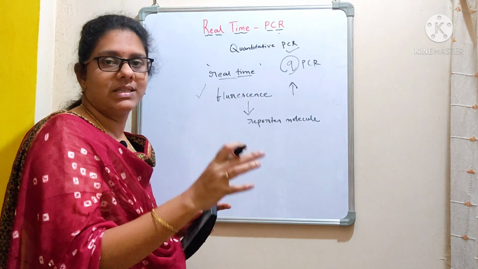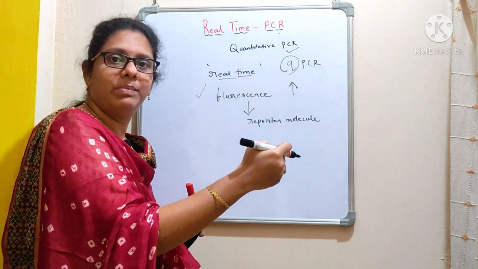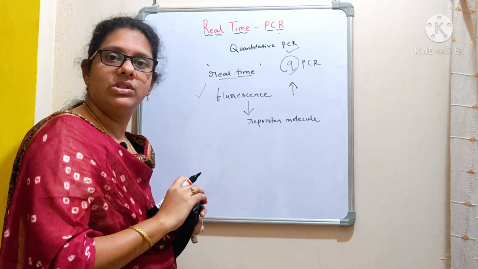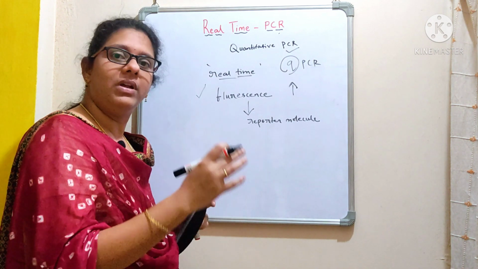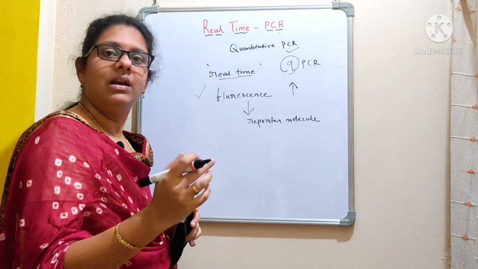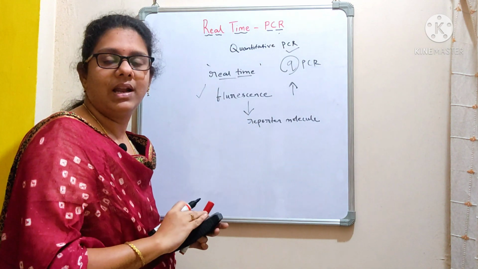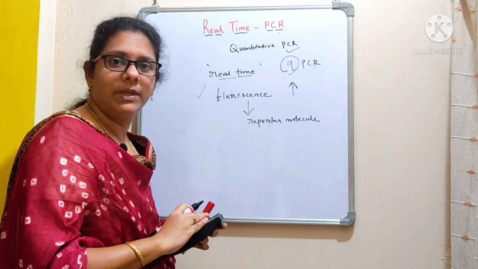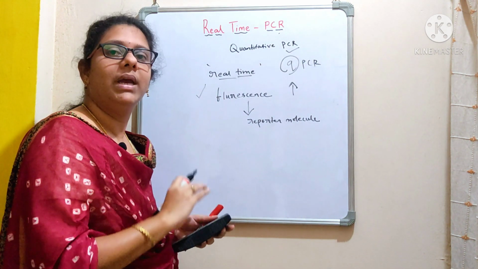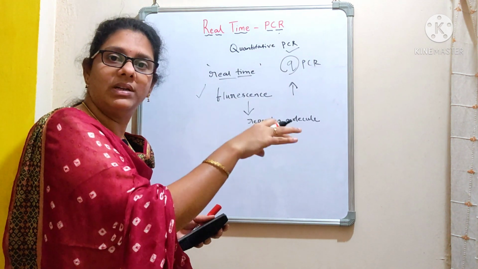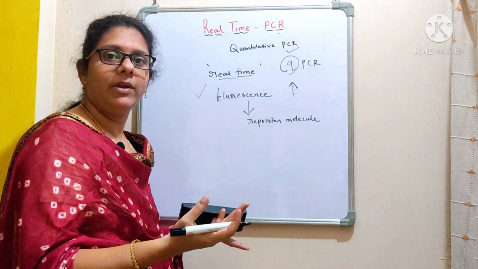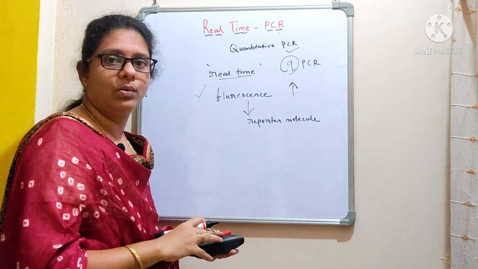You need to cast a gel and load that PCR sample into a well of the gel, and then you go for agarose gel electrophoresis. After electrophoresis, you need to visualize the gel under a UV transilluminator so that you can make out the presence of DNA bands if the amplification takes place. If there is no amplification, you may not see any band there.